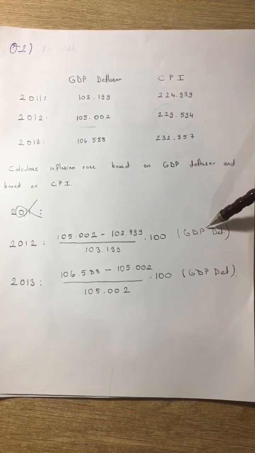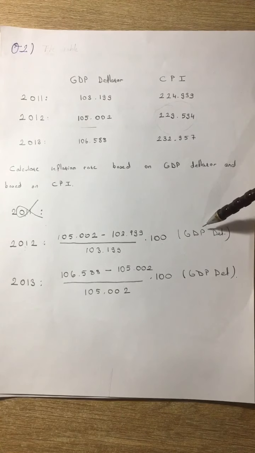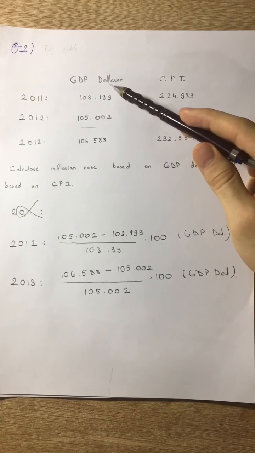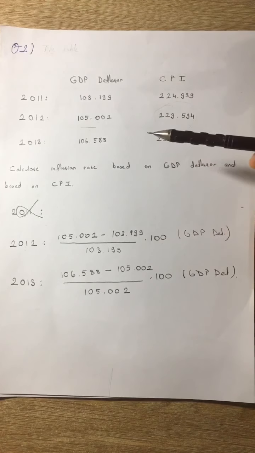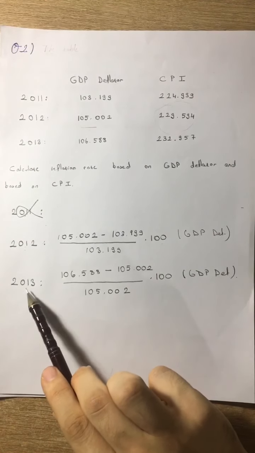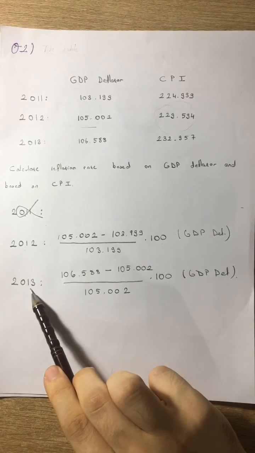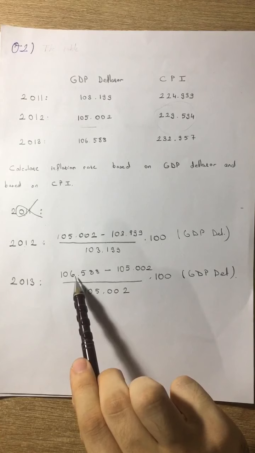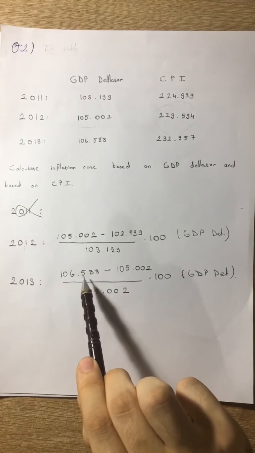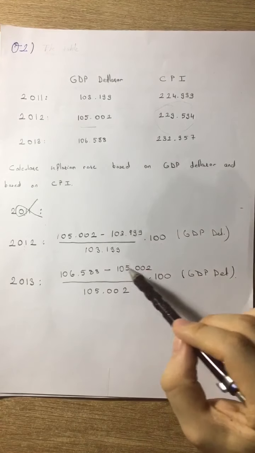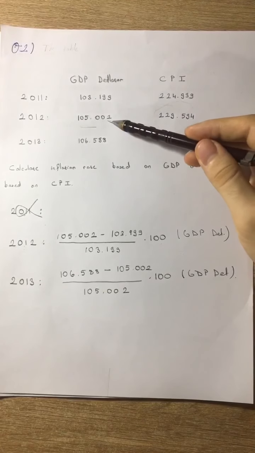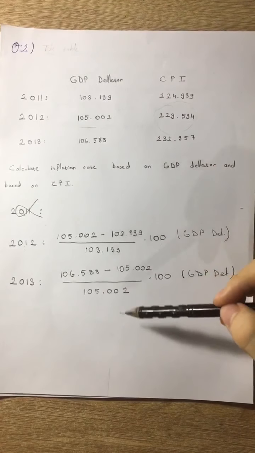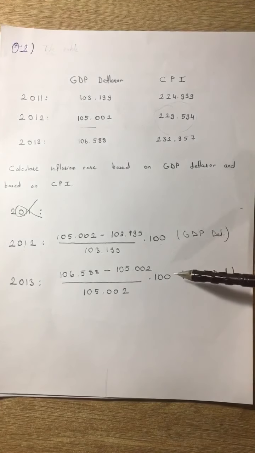I wrote GDP deflator here because we use the price index as calculated by GDP deflator. Let's calculate the inflation rate in 2013. Again, we will write the price index of selected year, this number, minus the price index of previous year divided by the price index of previous year times 100. Again, this is based on GDP deflator.